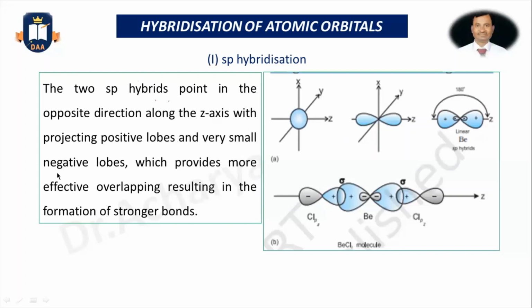And a very small negative lobe, this is the negative lobe, so this is very small. Positive lobes, these two are positive lobes. This is greater in size compared to the negative lobes.